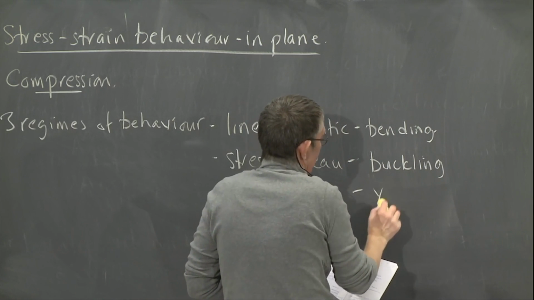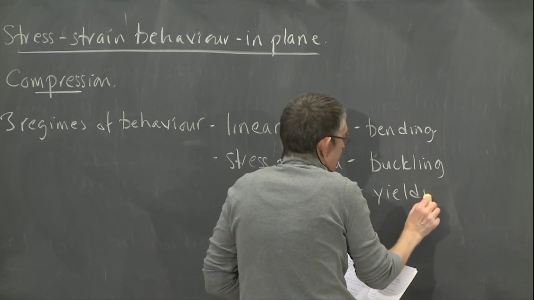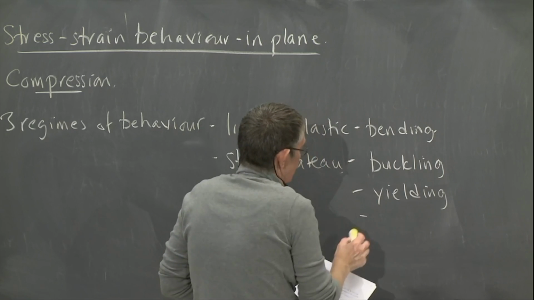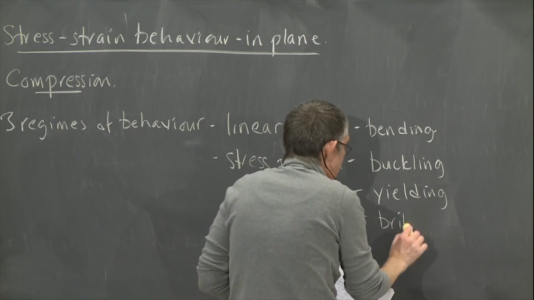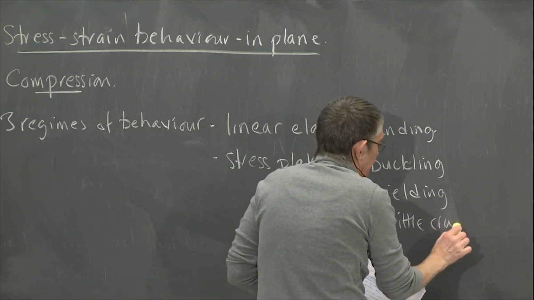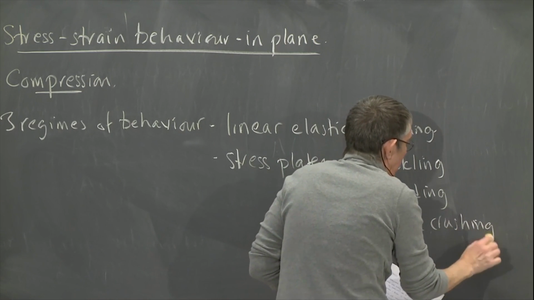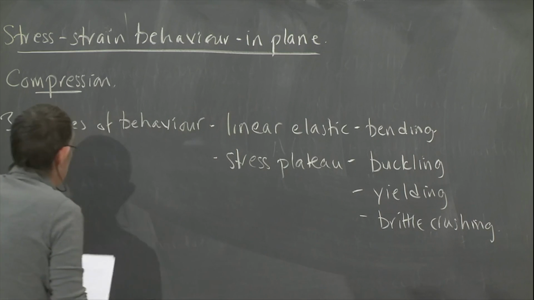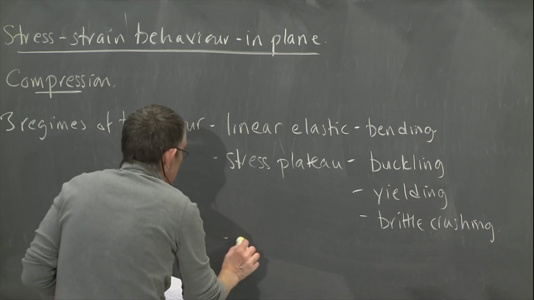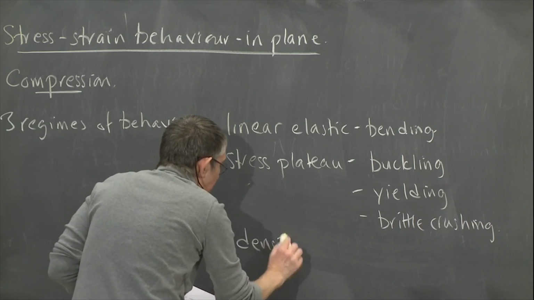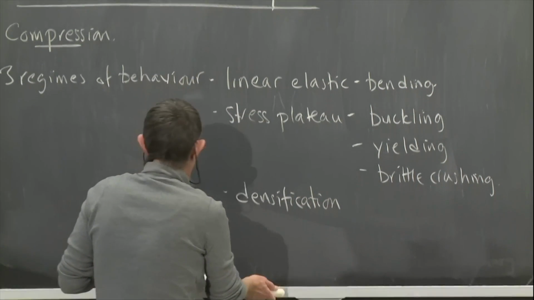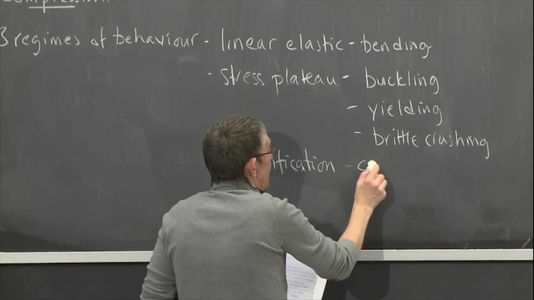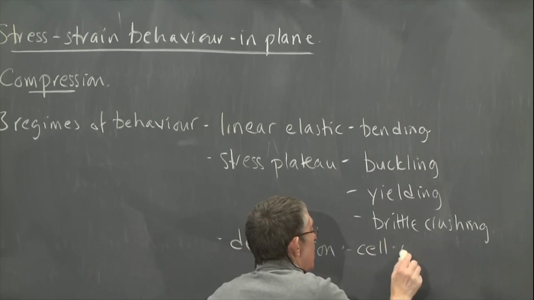For metals, it would be caused by yielding. And for ceramics, it would be caused by brittle crushing. And then we've got densification, and that's related to the cell walls touching.